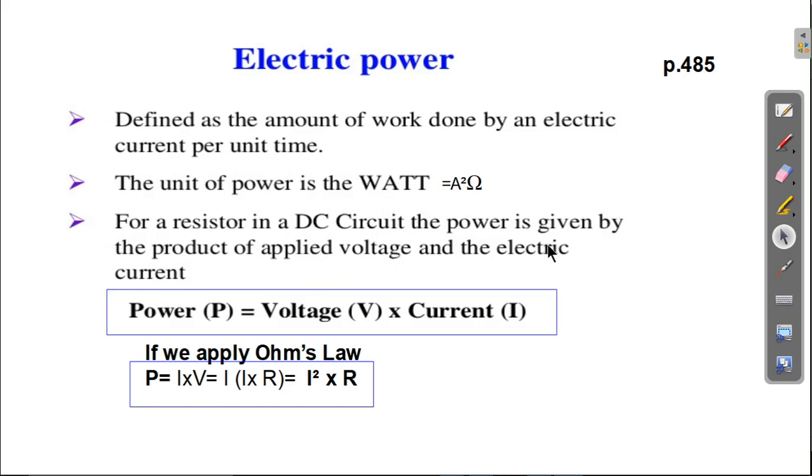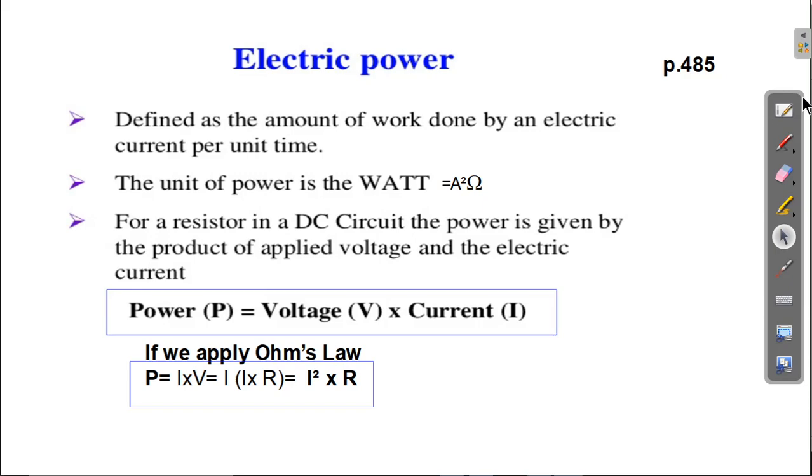The power is given by the product of the applied voltage and the electrical current, which is what this equation is saying, mathematically saying the same thing, okay? It's the same words, or mathematically putting it together in an equation.